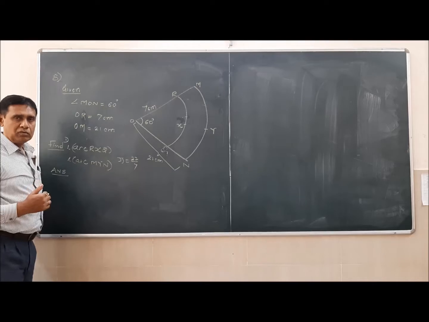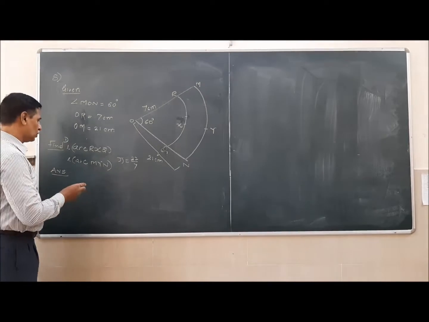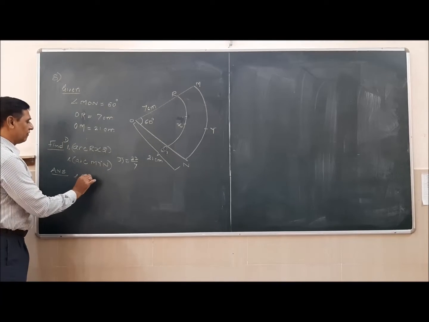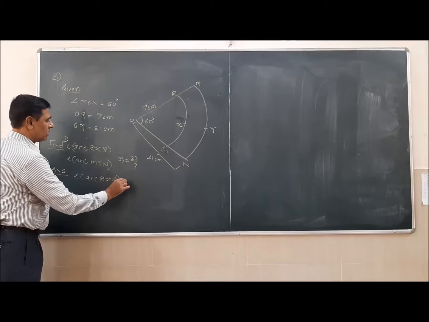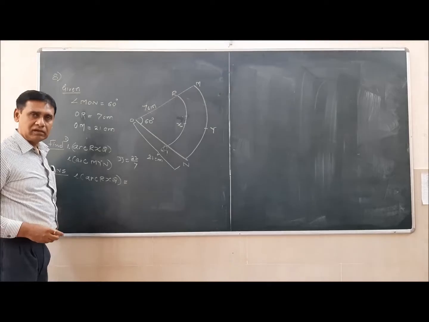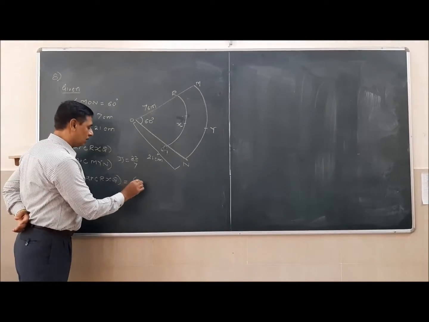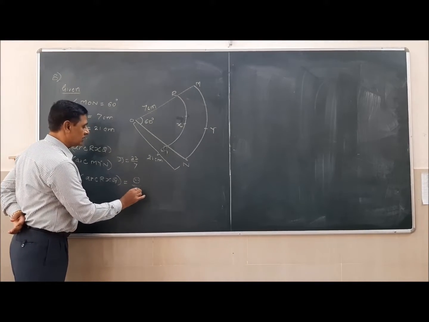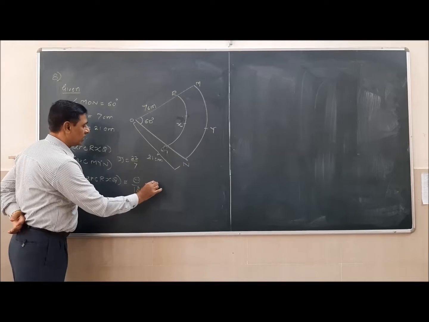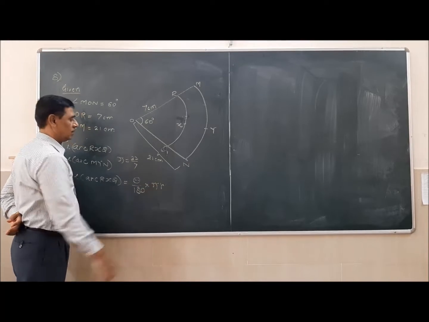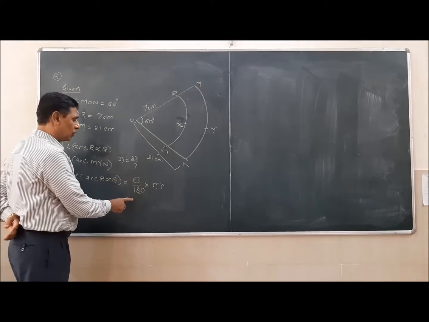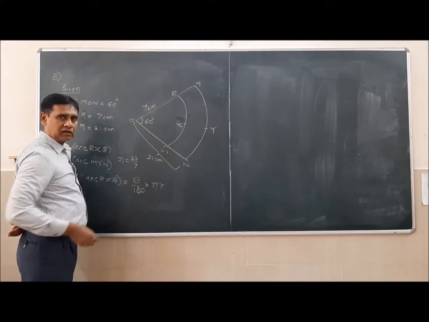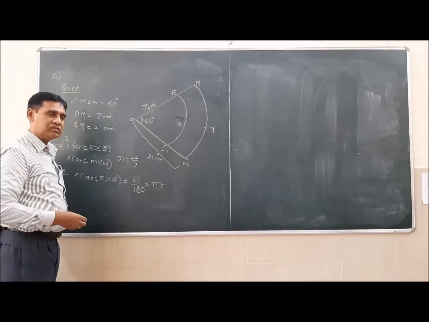Since you all know the length of an arc, the length of arc RXQ is equal to the formula as usual, theta upon 180 into pi r. Try to understand the formula once again, theta upon 180 into pi r. Now I am going to substitute the values.